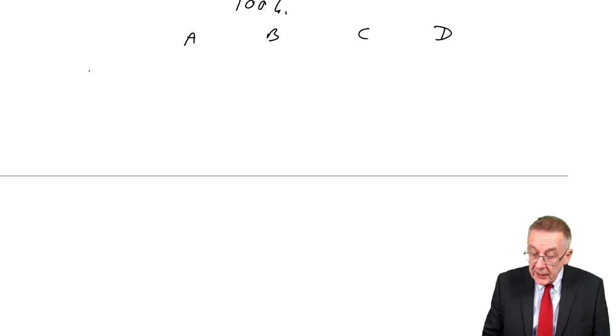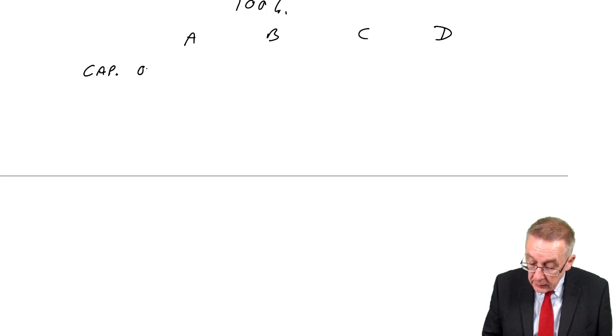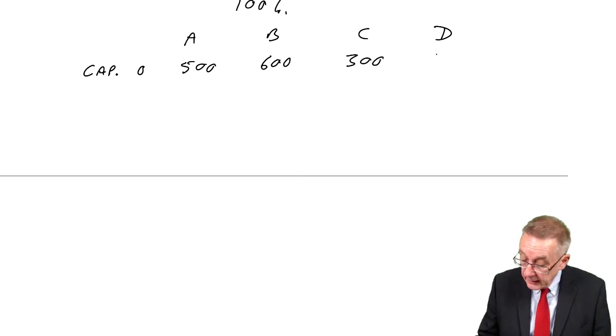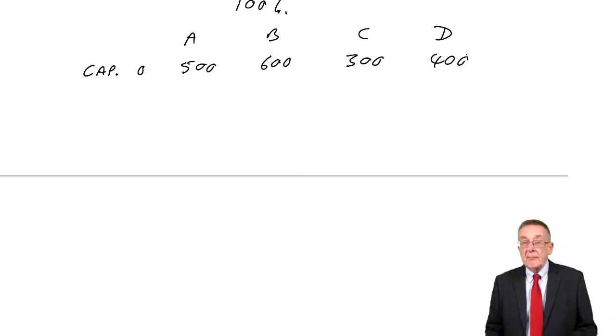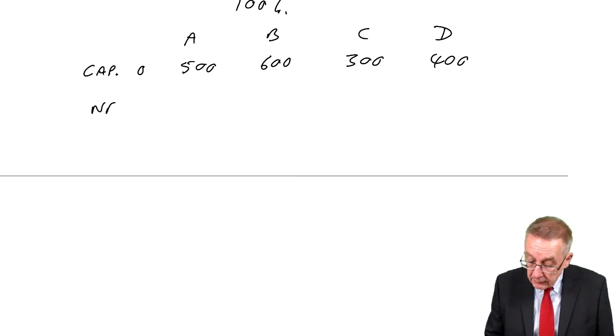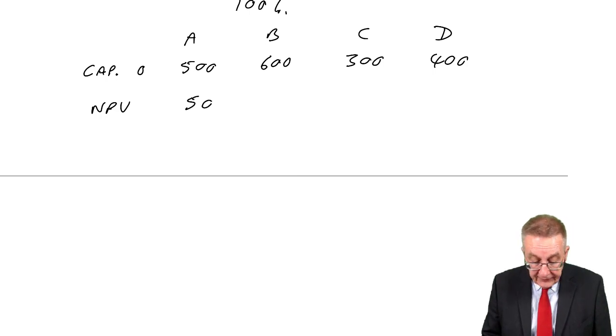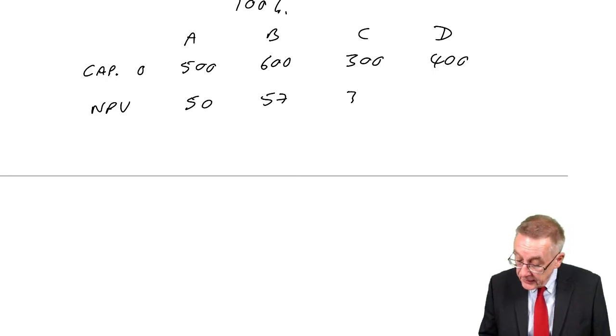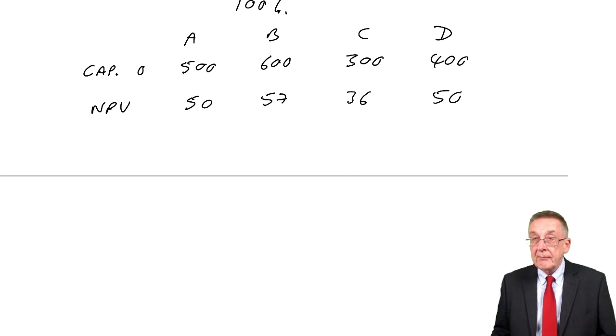For each project, we know how much is needed at time 0. The capital at time 0. A needs 500, B needs 600, C 300 and D 400. We know the NPV that will be generated from each: 50, 57, 36 and 50.